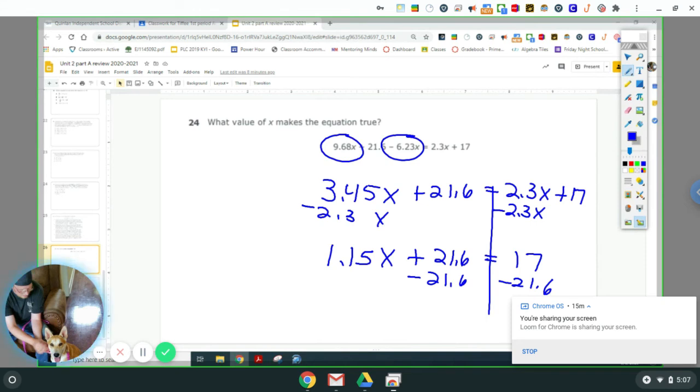So then you'll get 1.15x is equal to negative 4.6. So then you're going to divide 4.6 by 1.15, and this should come out to negative 4. Yes, so 1.15 goes into negative 4.6 negative 4 times. So the answer to 24 is negative 4.